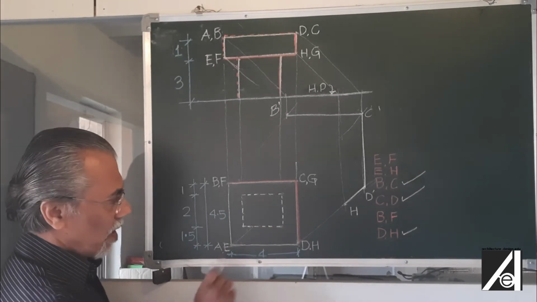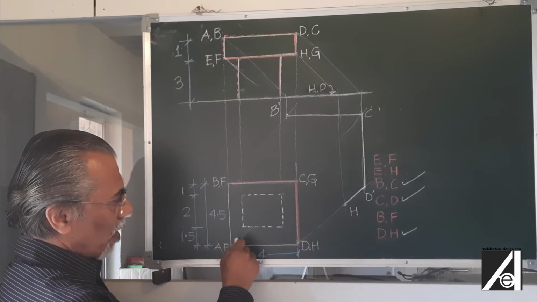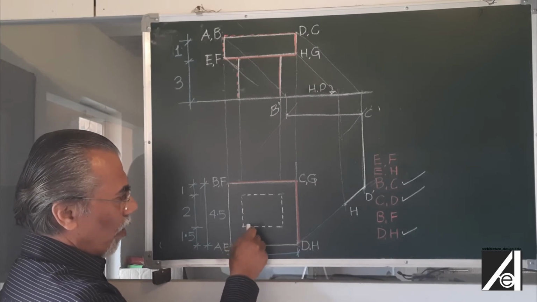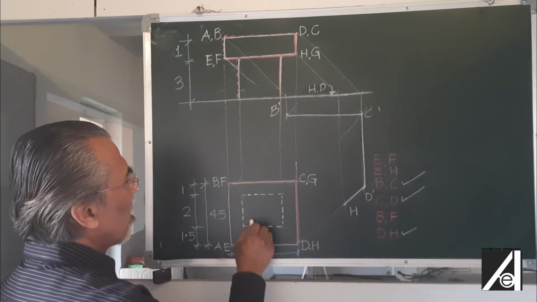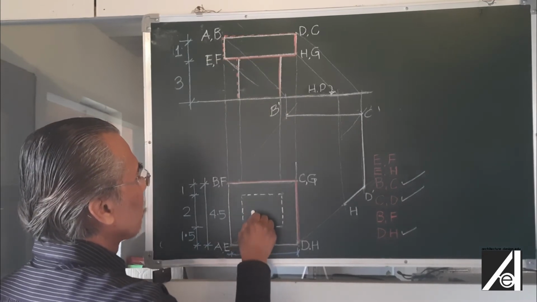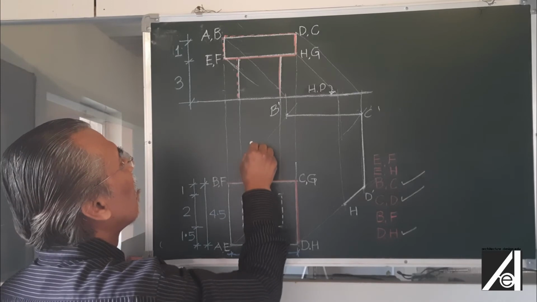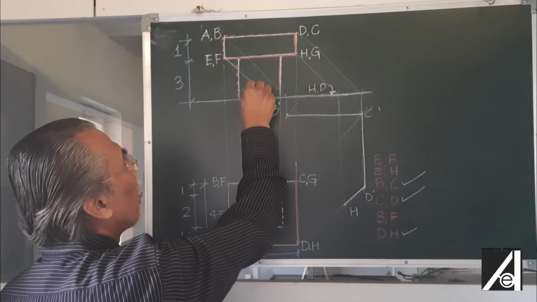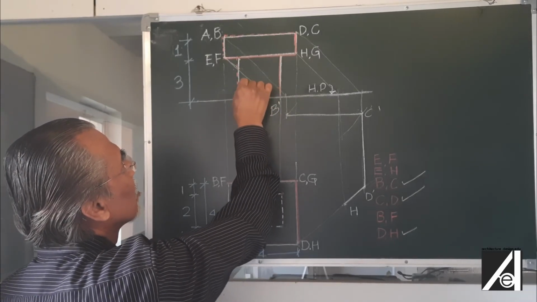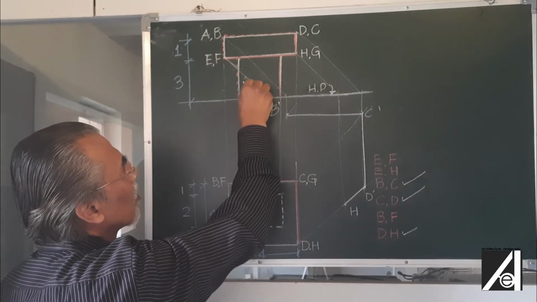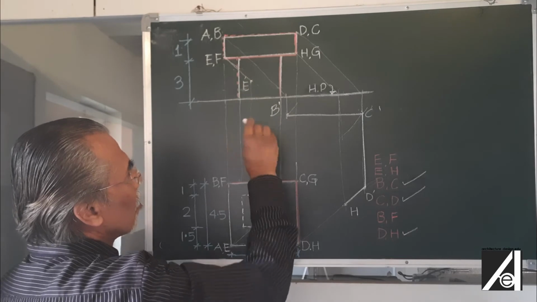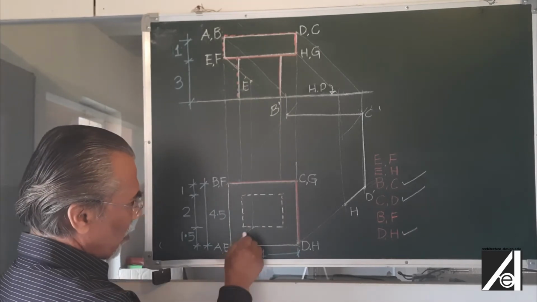So if I see the plan, E will fall on this vertical surface. So from here I take it up, and here this is my E dash. So this point E has come here.